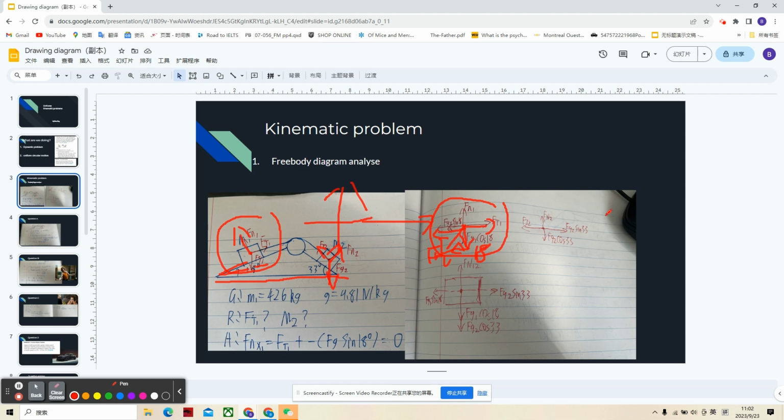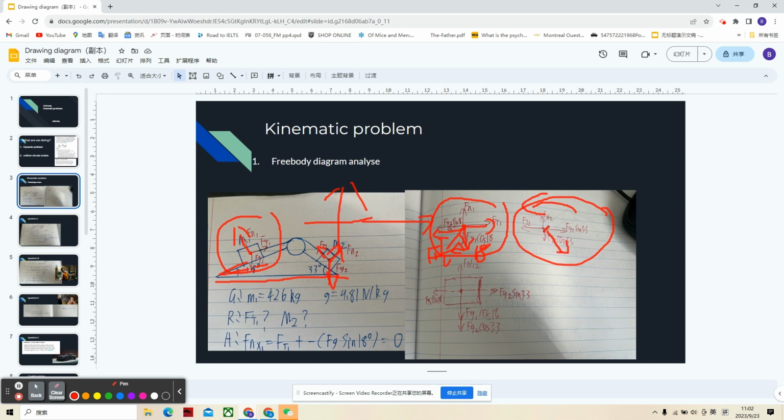Same for the second mass, it is over here. However, we can see that gravity points downward with the incline of 33 degrees. In that case, we need to turn this diagram to the left so that we have a normal form of this free body diagram. After gravity is resolved, it should be like this.